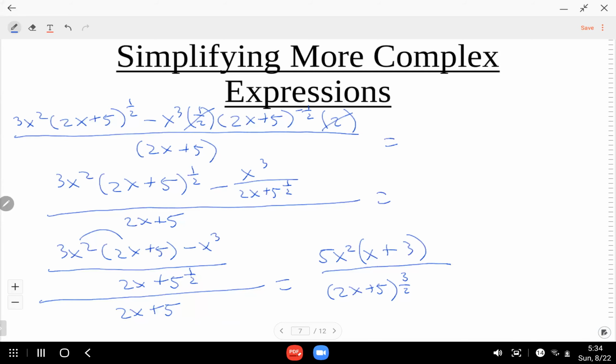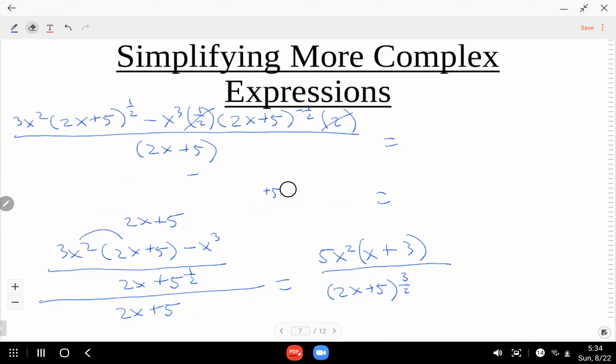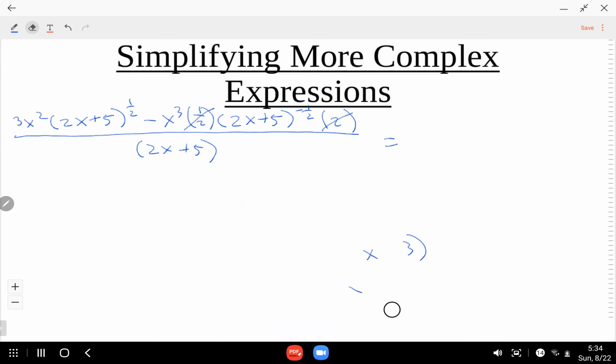Great. All right, so now let's introduce the second method. Erase everything. All right, so Steven, you're stumped, right? Well, don't be stumped. Oh, what is this? 2x plus 5 to the negative 1/2.